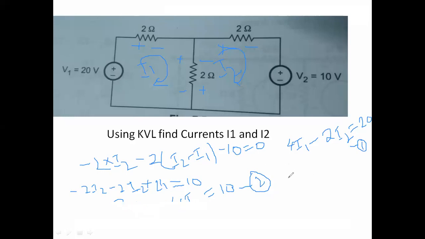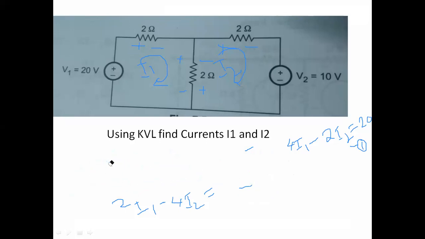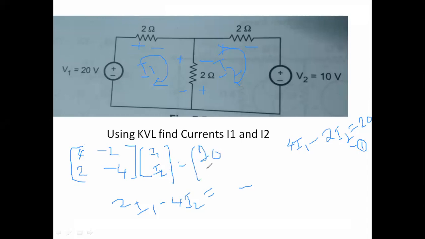How can we obtain the matrix? The matrix is 4, minus 2; 2, minus 4, into I1, I2, is equal to 20, 10.